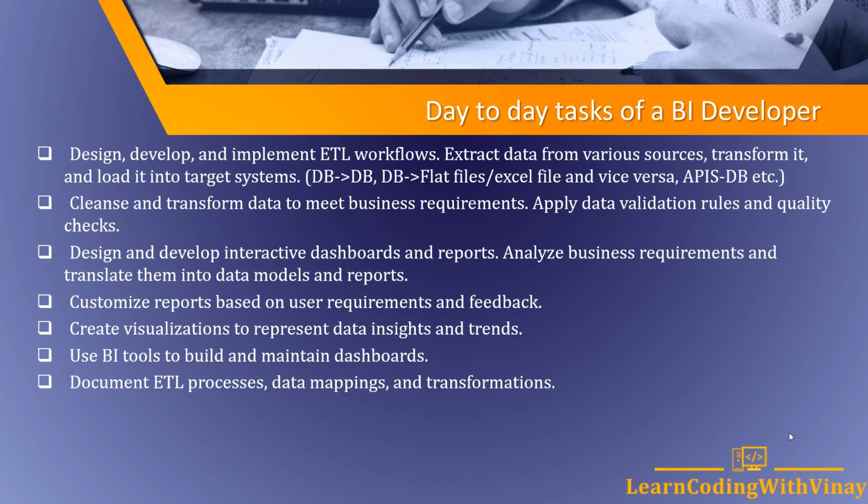And if they are different, then you will also have to do mapping between the source and destination data models, right? So that's why data mapping is also there. If they use the same names, then there is no need to do any mapping, because the same name will do the job for us. But if the names in source and destination are different, then we'll have to maintain that mapping, right?